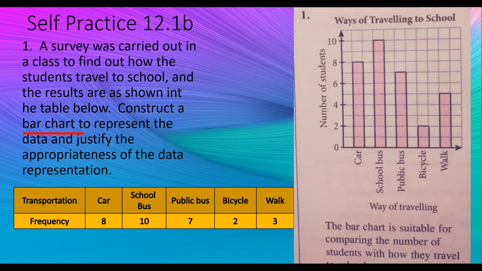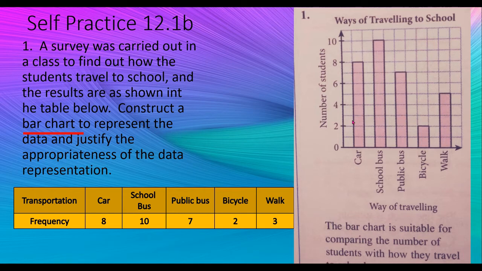So here I have 5 bars because there are 5 categories. Next, the width of the bar must be the same, which means if I'm using only one box here, the width, lebar bar tersebut mesti sama untuk setiap bar yang awak dirikan. So make sure all the bars you use have the same width.